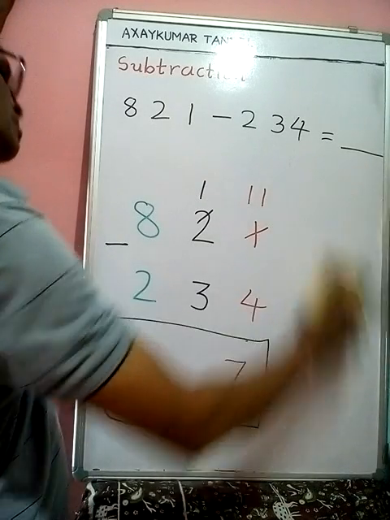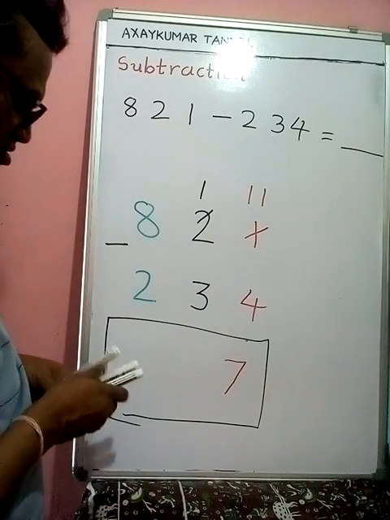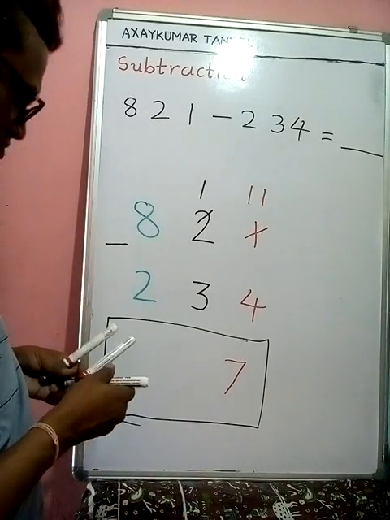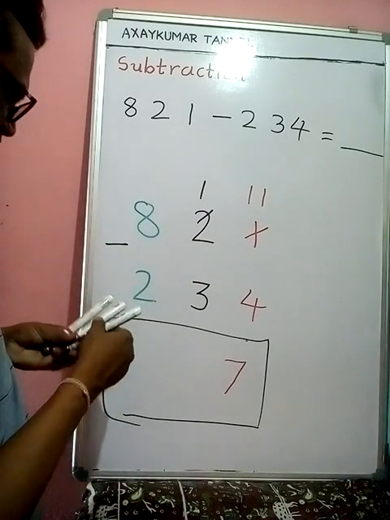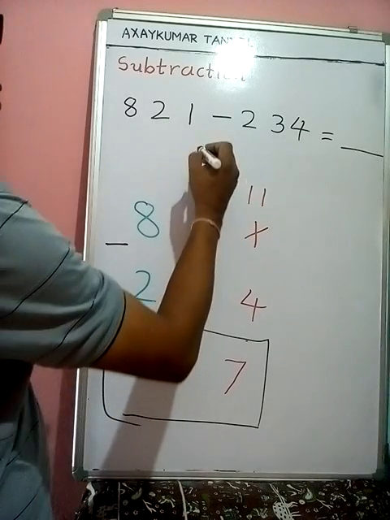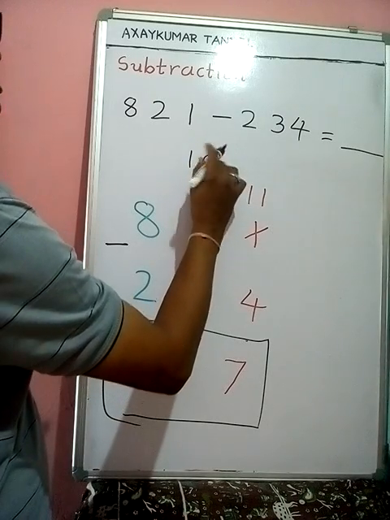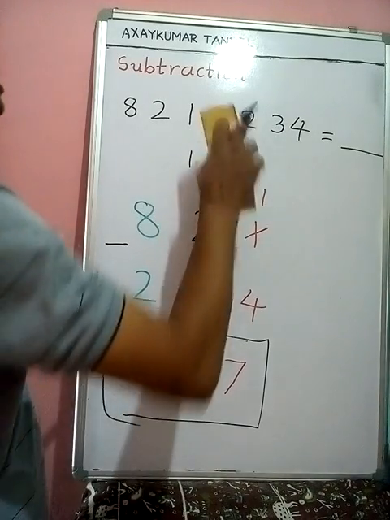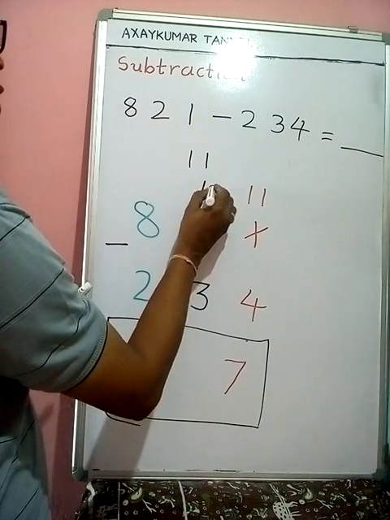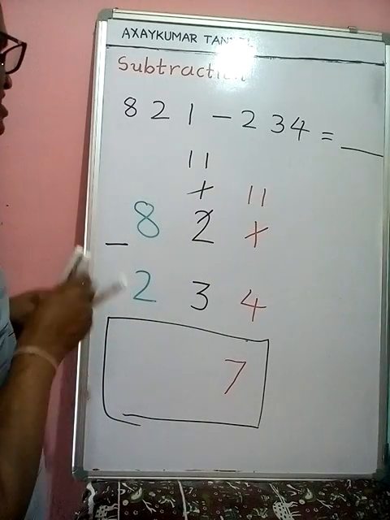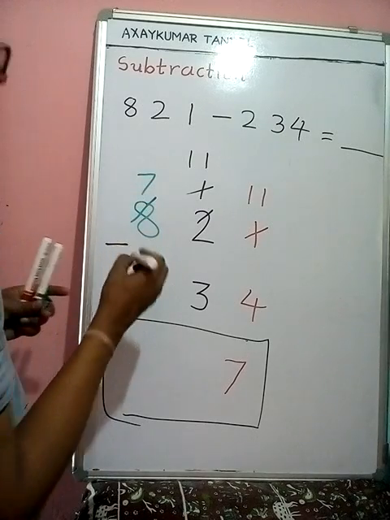Therefore, we are required to borrow 10 from 8. Here comes 10. 10 plus 1 becomes 11. Now 8 hundreds becomes 7, one less.